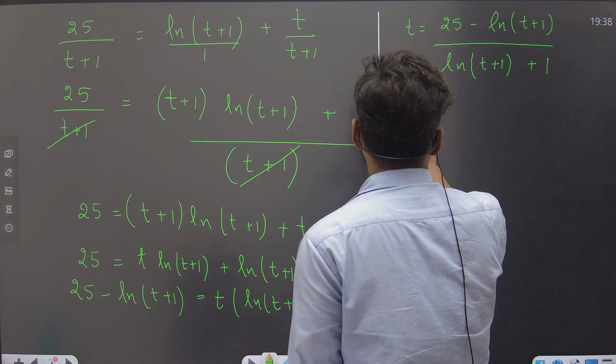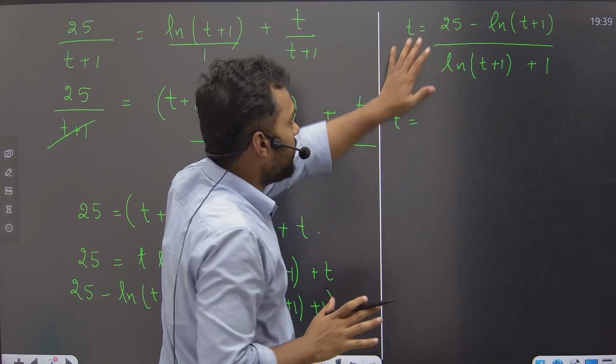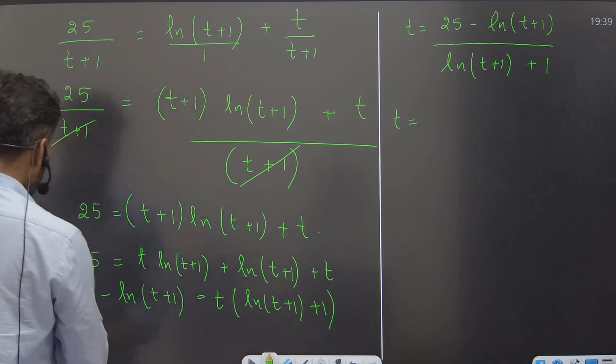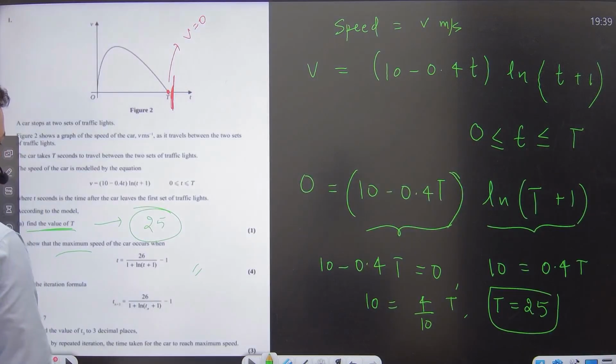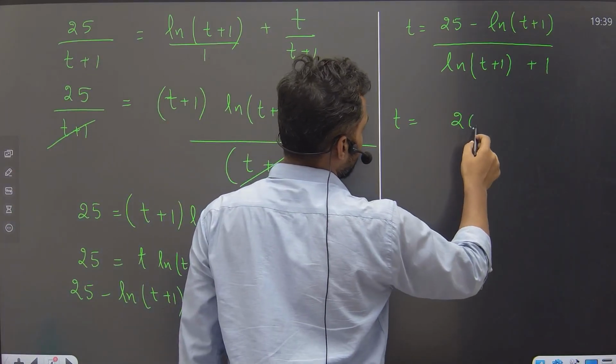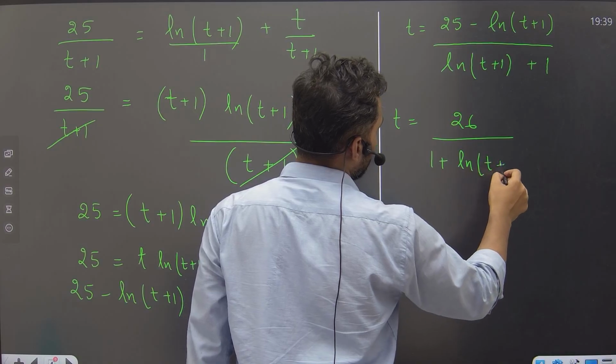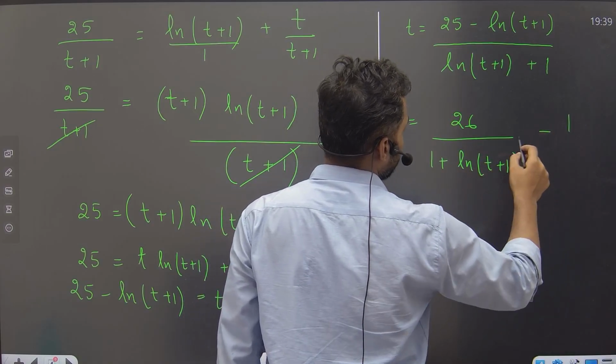Okay, so here if I arrange this particular part, this we have got in the question, student, they have told that t is equal to this part. So can we write this function as 26 by (1 plus log of (t plus 1)) negative of 1.